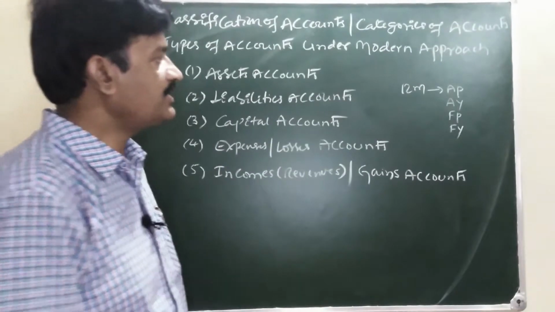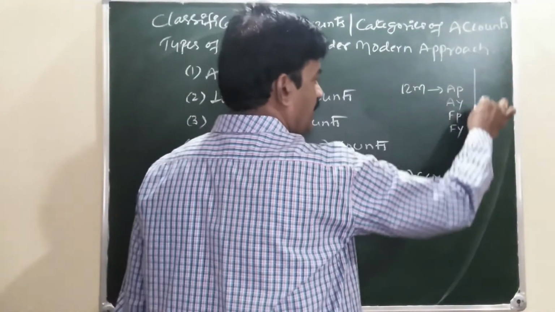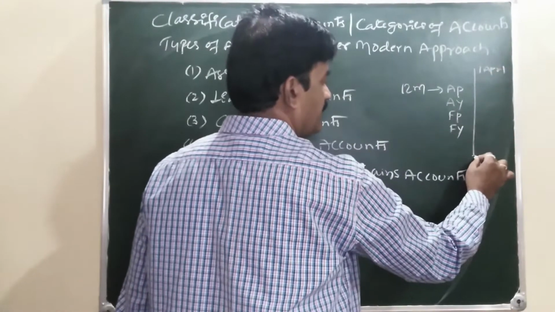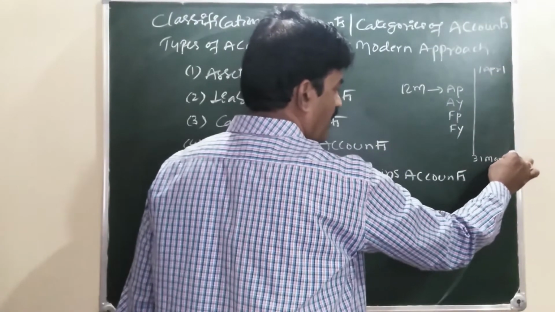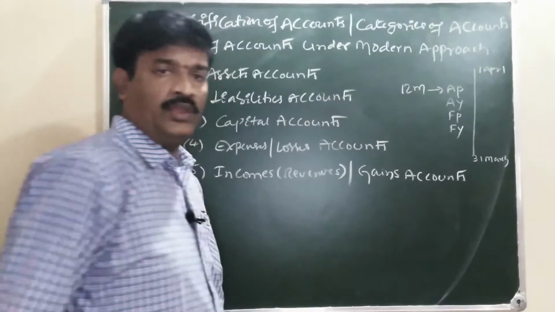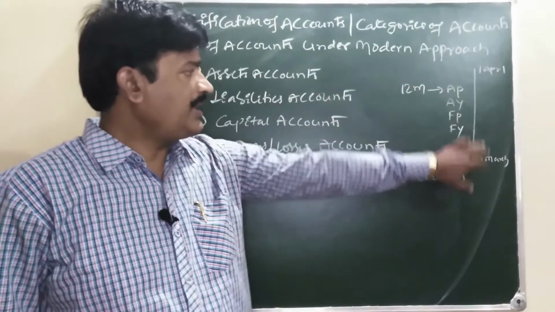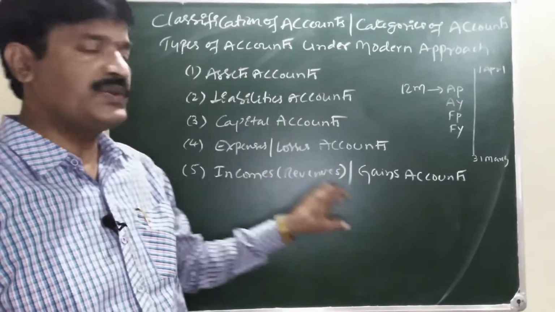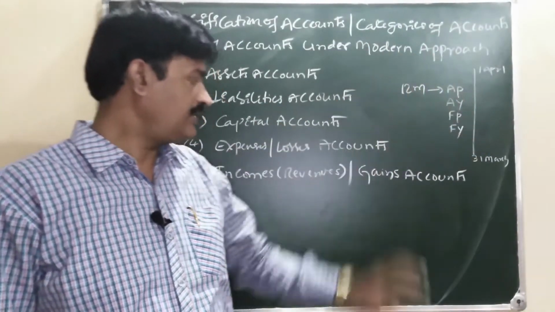Every financial year starts from 1st April and ends with 31st March. During this 12 months period, we are maintaining 5 types of accounts in the ledger.